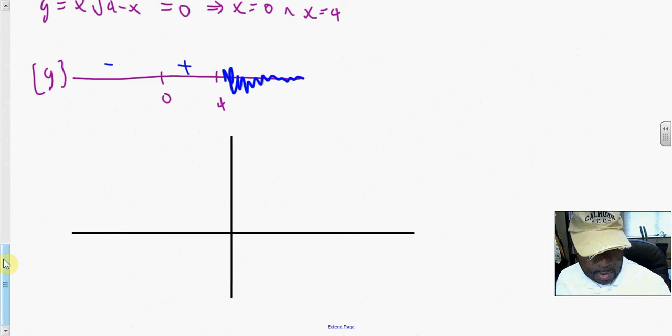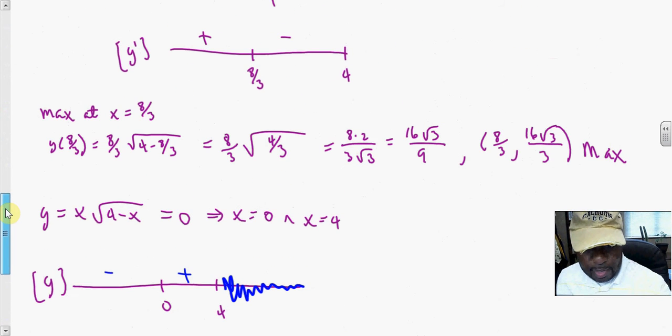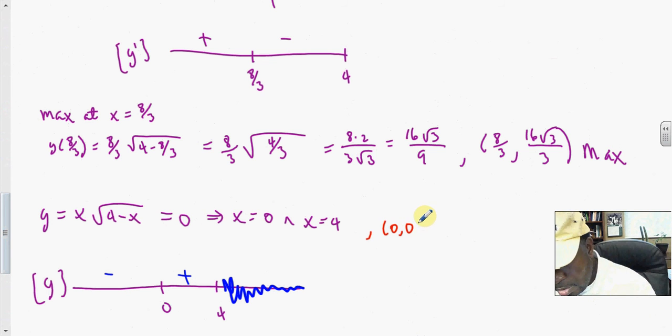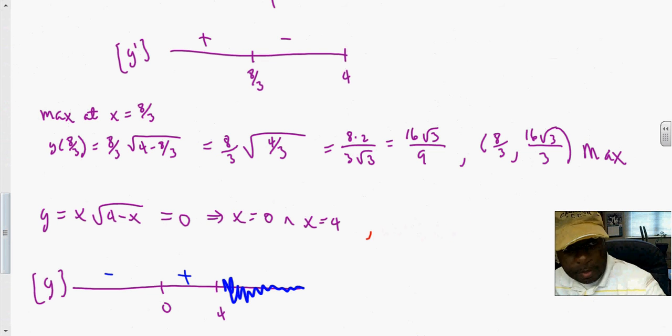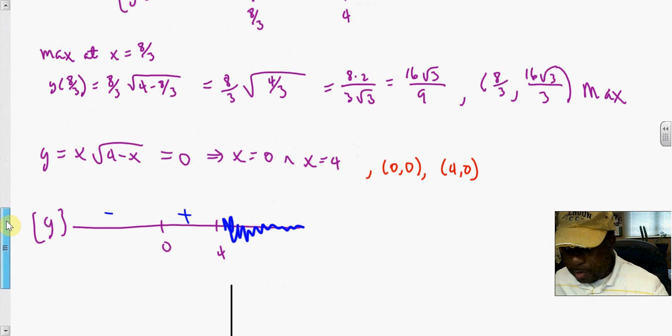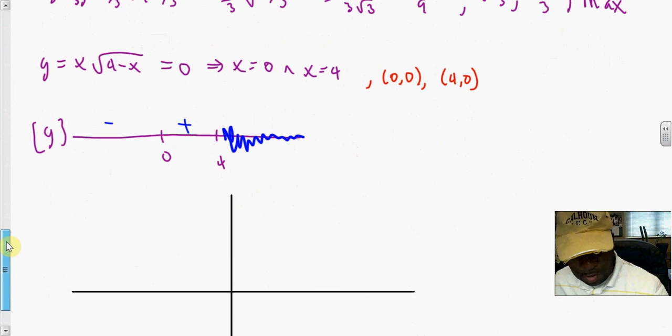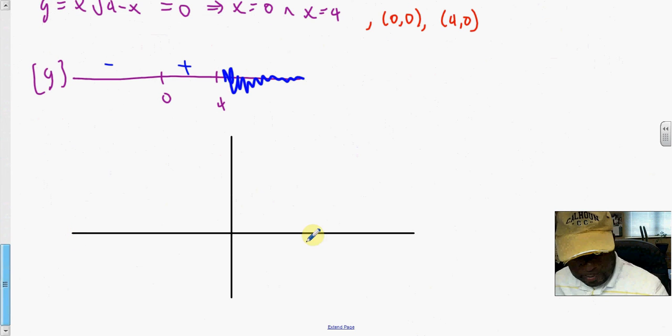So the graph touches down on the x-axis at (0, 0) and (4, 0), and we have a maximum at (8 over 3, 16 square root of 3 over 3). So I'm just going to graph the thing, and then we'll come back and label these points.